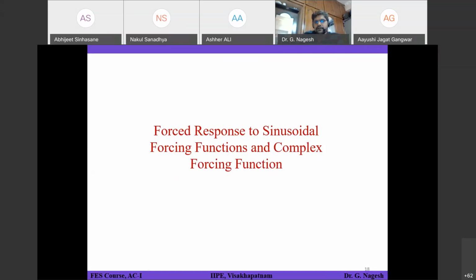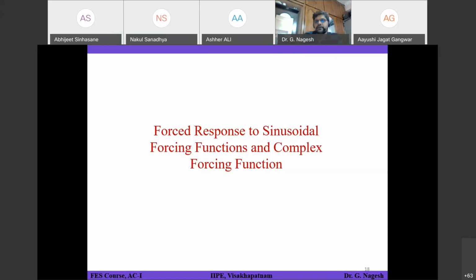Here, force means voltage, because voltage is the one which is trying to force or pump current through the circuit. Response means we are trying to find out the current in some element, or the voltage across some element. That is called the response.